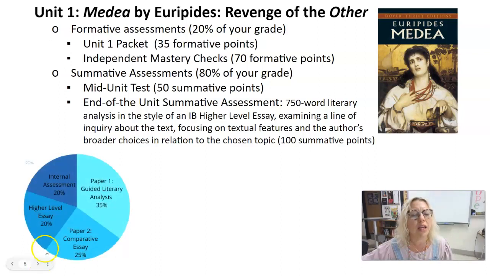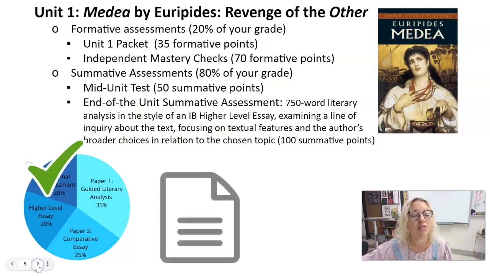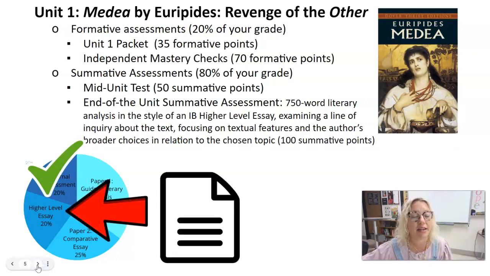Okay, we have to work on this pie, right, to get our IB test score. And you have already done some of it. You did the internal assessment last year, and that was 20%. Now we're moving on to the higher level essay, and that's another 20%.